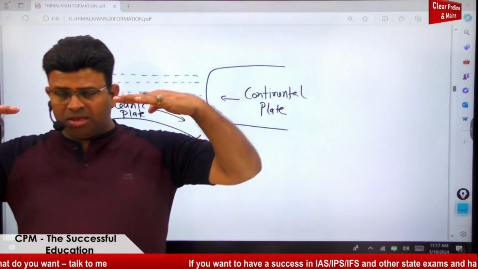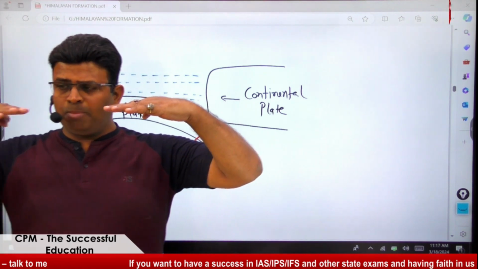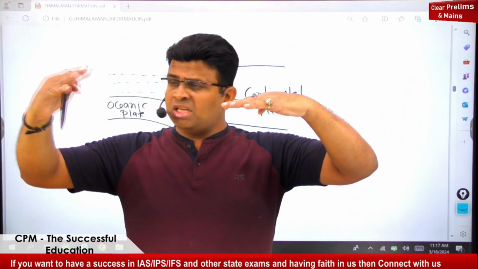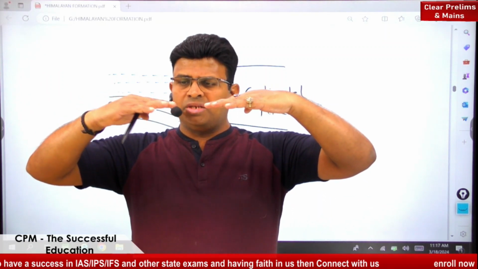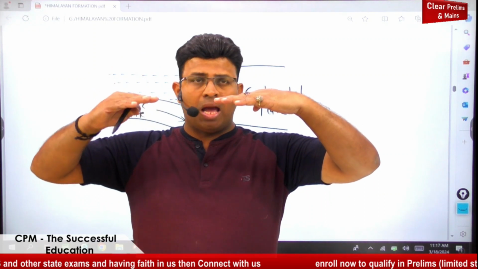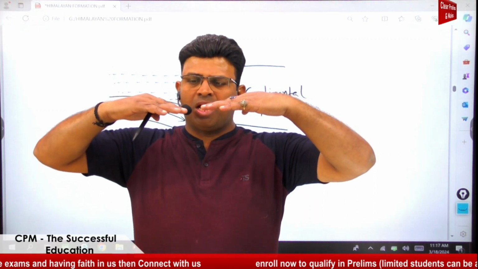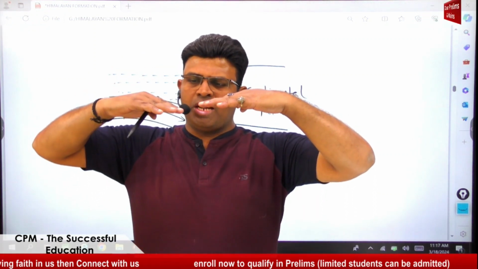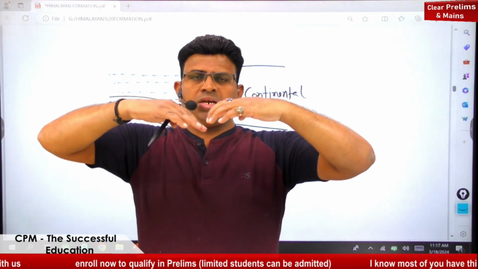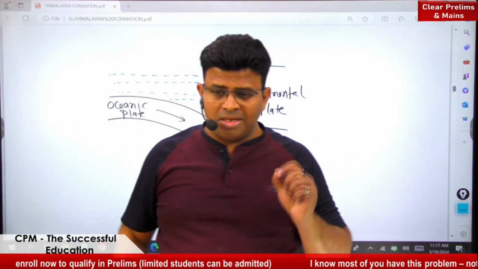When the oceanic plate and continental plate are converging, the oceanic plate's density is higher. So the denser oceanic plate will put more pressure and start moving under the less dense continental plate.